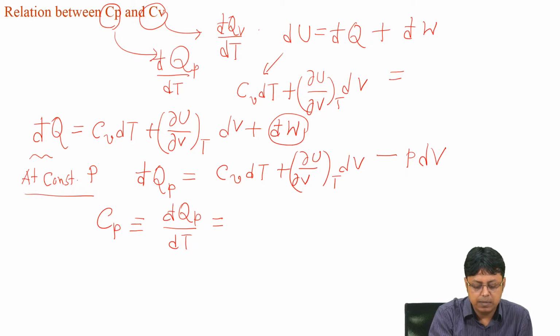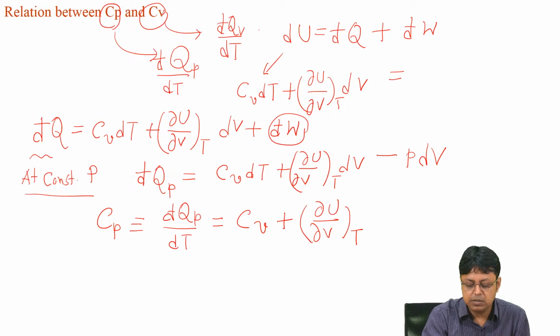So the right hand side becomes Cv plus (∂U/∂V)_T. Remember we are dividing by dT both sides.